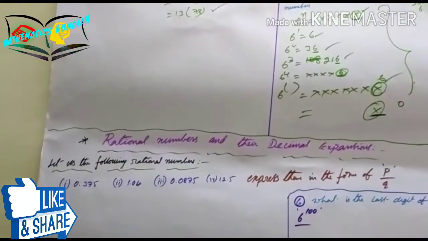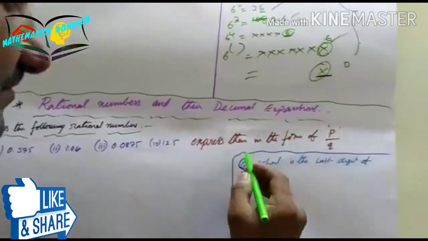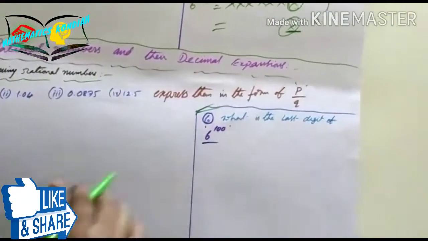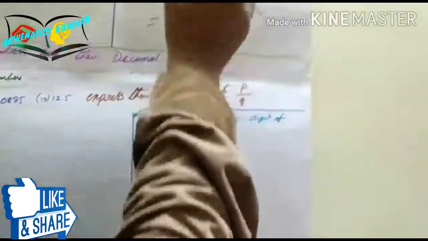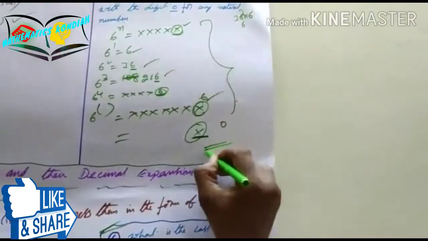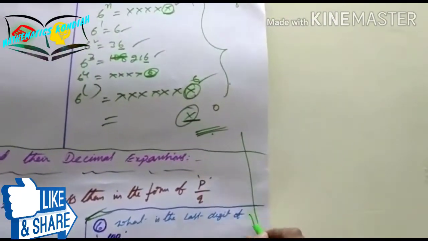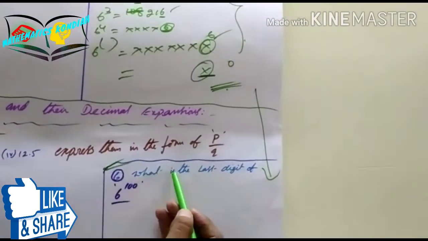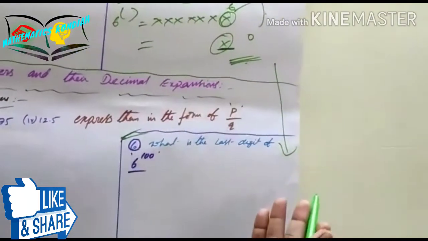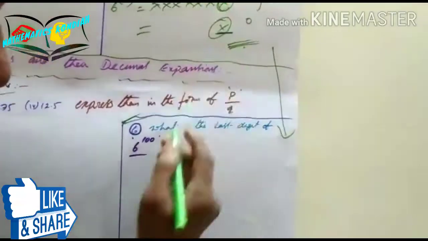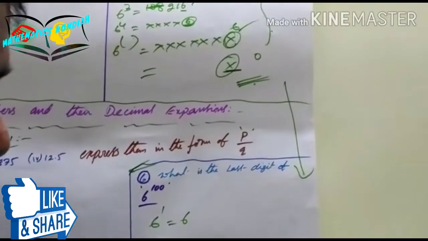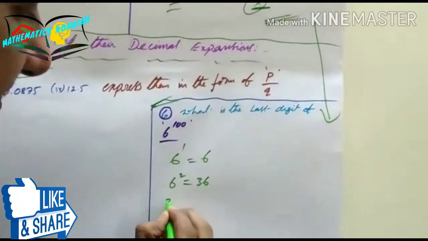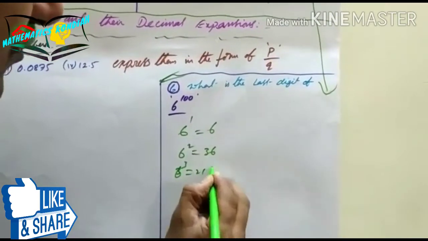Now Roman 6 in exercise 1.2: what is the last digit of 6 power n? It is the same as the third problem we discussed. 6 power 1 is 6, 6 power 2 is 36, 6 power 3 is 216.